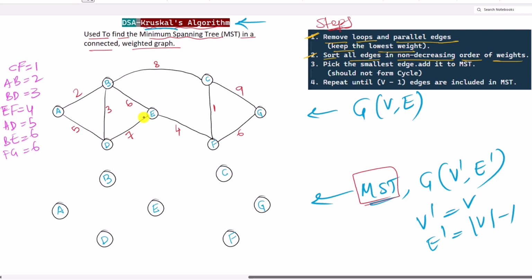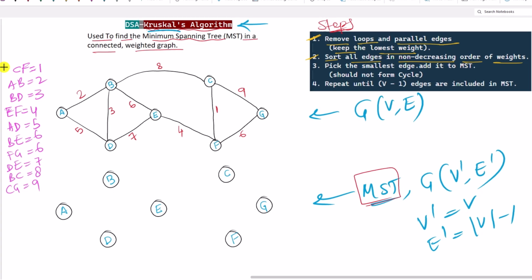And here we have the edge DE with the weight 7. Then we have the edge BC with the weight 8. And lastly we have the edge CG with the weight 9. So we have sorted all of the edges by increasing order of their weight.